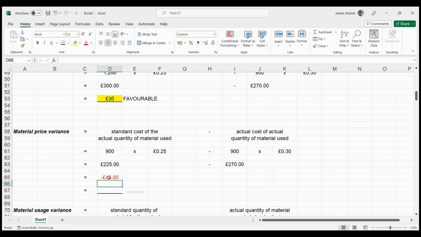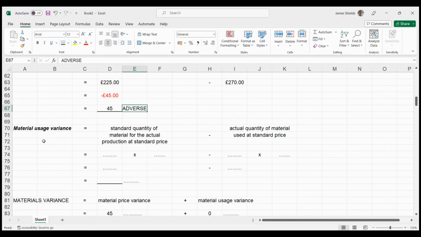Now, we must decide favourable or adverse. So we expected the cost of the material to be £225. The actual cost was 270. So again, the actual cost was more. So it's cost us £45 more. So if it cost us more, then that's going to be adverse. So it's £45 adverse.